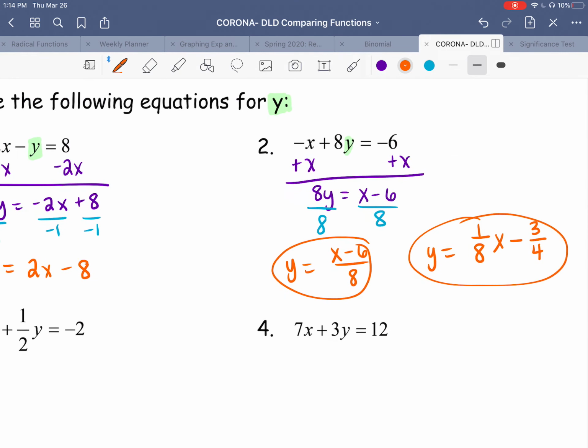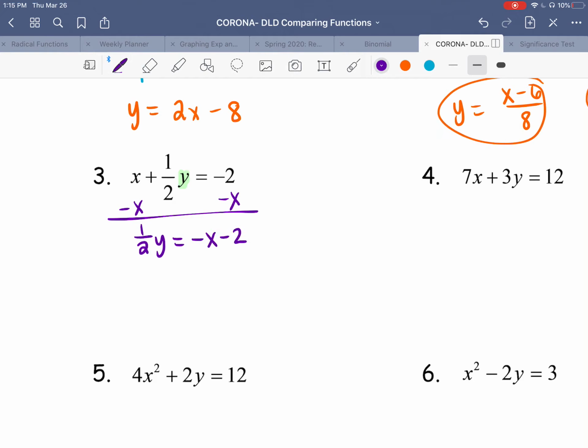For number 3, again, we want y by itself, solving for y. So the first thing we're going to do is subtract x from both sides. 1/2 y equals negative x minus 2. Now we need to get rid of this 1/2, so we're going to multiply by the reciprocal, which is 2 over 1.